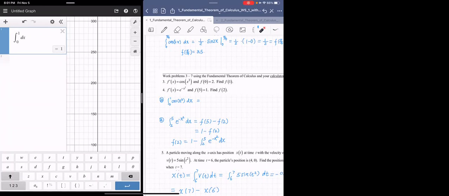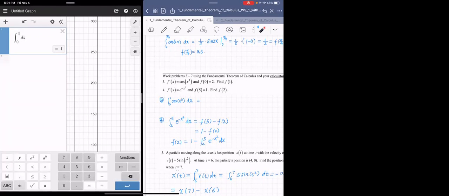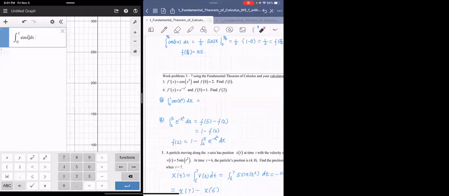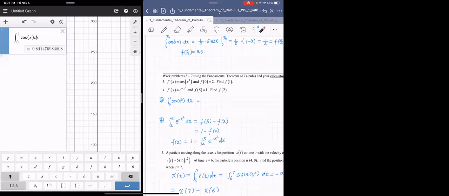Okay. And then you can do parentheses. You can do a cosine, cosine x, cosine x cubed.